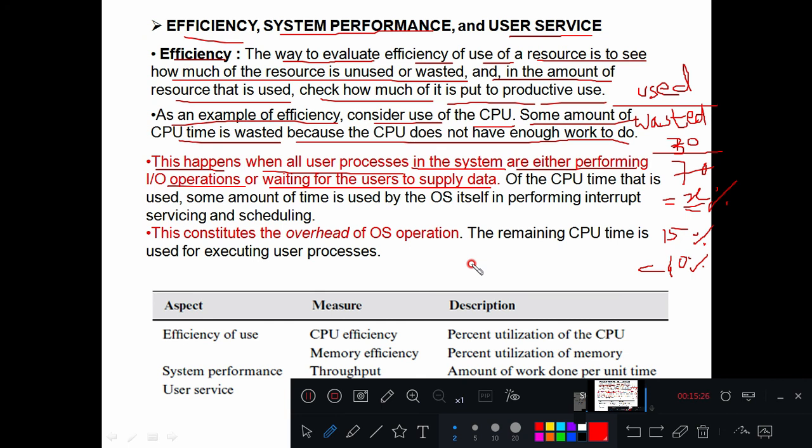Once the data is entered, it will start execution and finish the execution of the program, right? So in that case, I can say the CPU is idle.